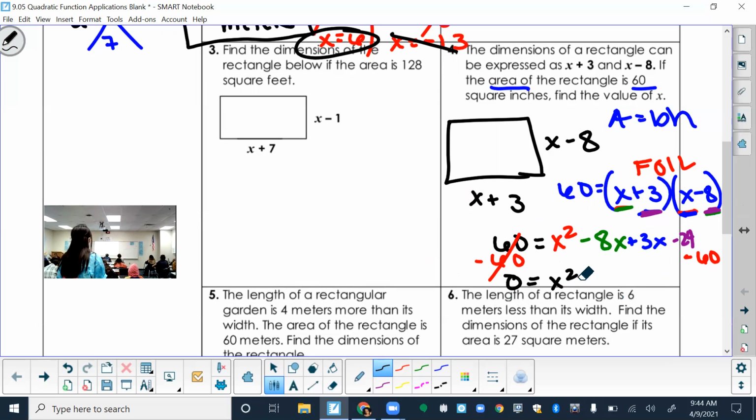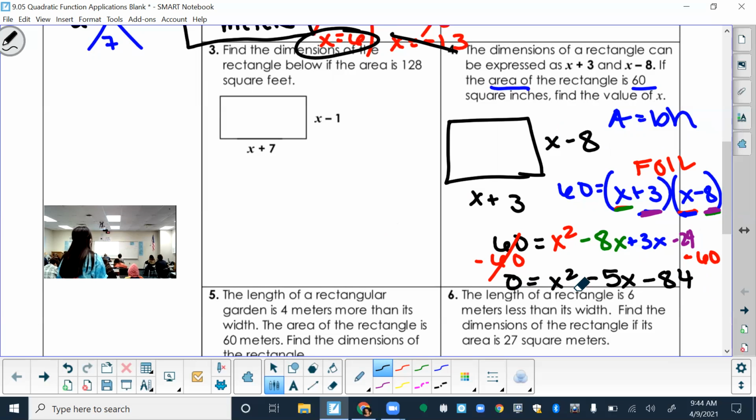And when I combine them, I get -5x, and then we have -24 minus 60. What would that be? Good. All right, any confusion how we got here?